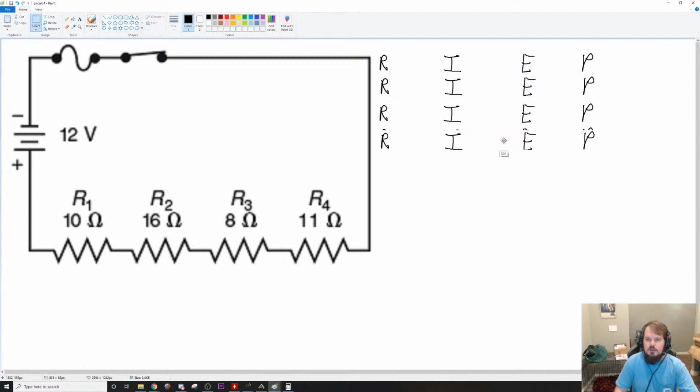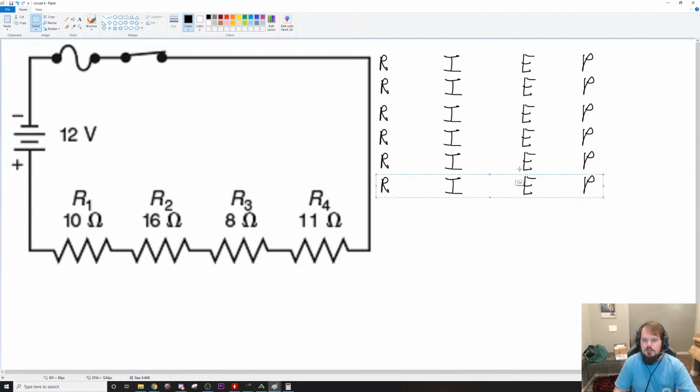Three, 4, and 5. I'm getting better at this. Alright, one. Oh, need to change my pen size. That's total 1, 2, 3, 4.